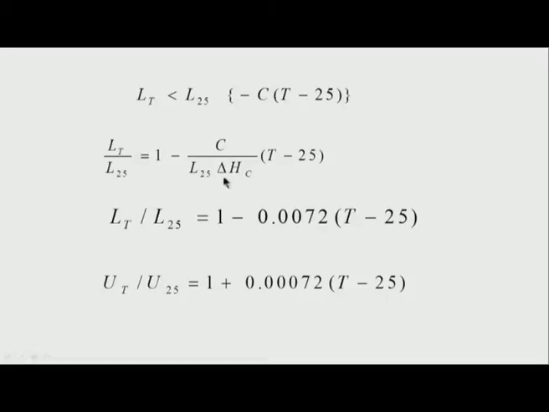I put the standard heat over here, I get C divided by the limit at 25 degrees into the heat of combustion, and you sort of say, well, it must therefore have a dependence of LT by L25 equal to 1 minus the specific heat divided by the heat content at the standard condition into T minus 25.